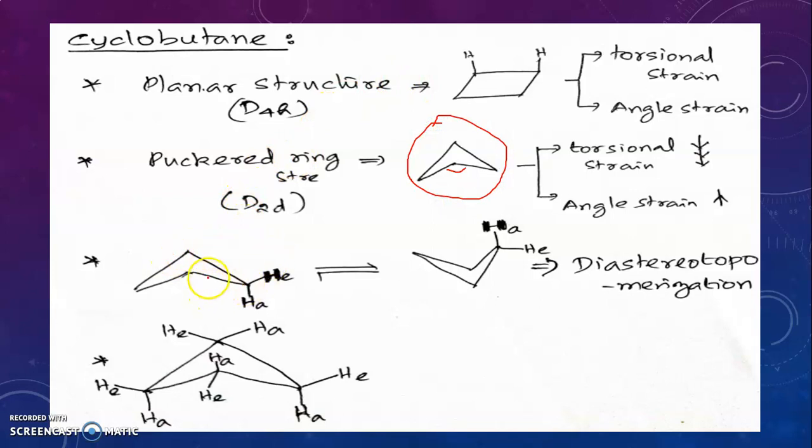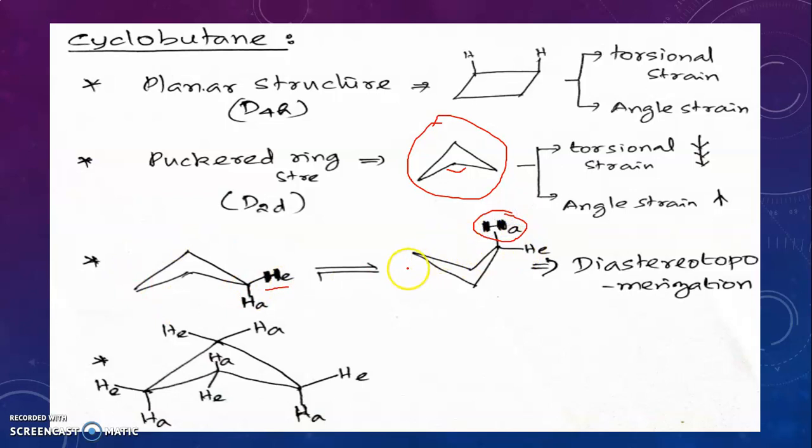This butterfly form of cyclobutane undergoes ring flipping. Because of the ring flipping, the axial hydrogen in one conformation becomes the equatorial hydrogen, and the equatorial hydrogen in one conformation becomes the axial hydrogen.